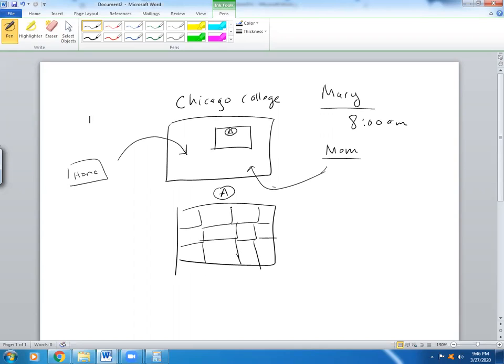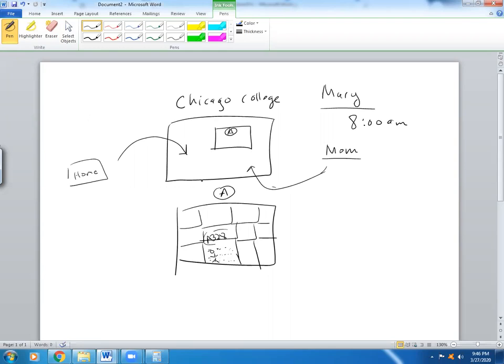Even if she knew where the classroom is, let's say 328A or A328, Mary could be sitting anywhere. She wouldn't know where Mary is sitting. At a given point, Mary might have stepped out to go to the washroom, whatever it is.